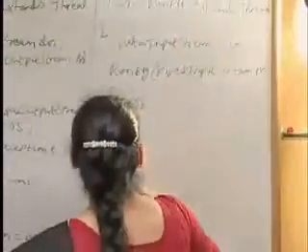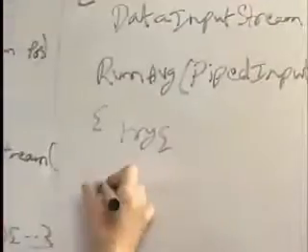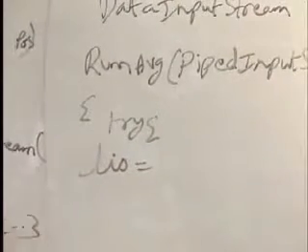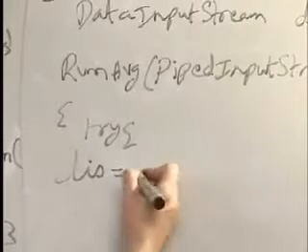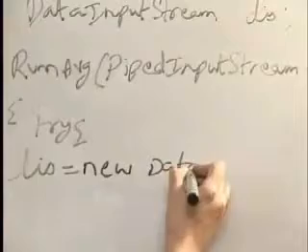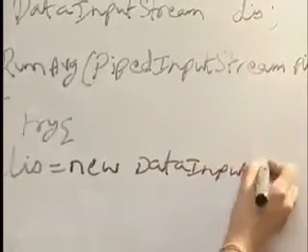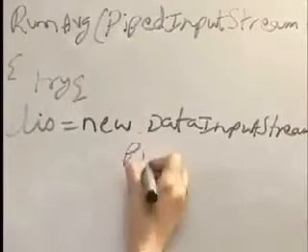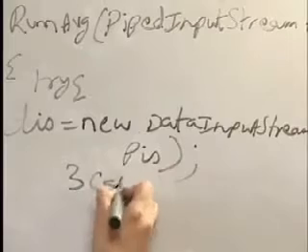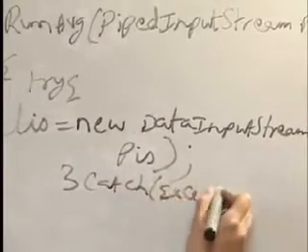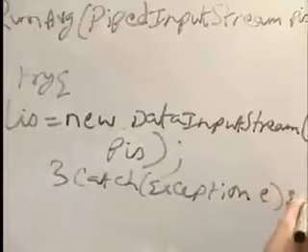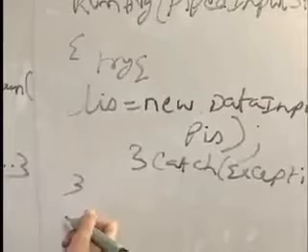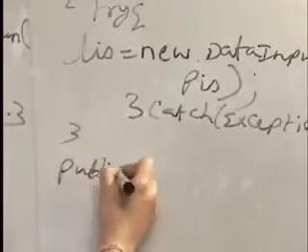Here we create a DataInputStream object by passing the piped input stream object as parameter. Then we have public void run.